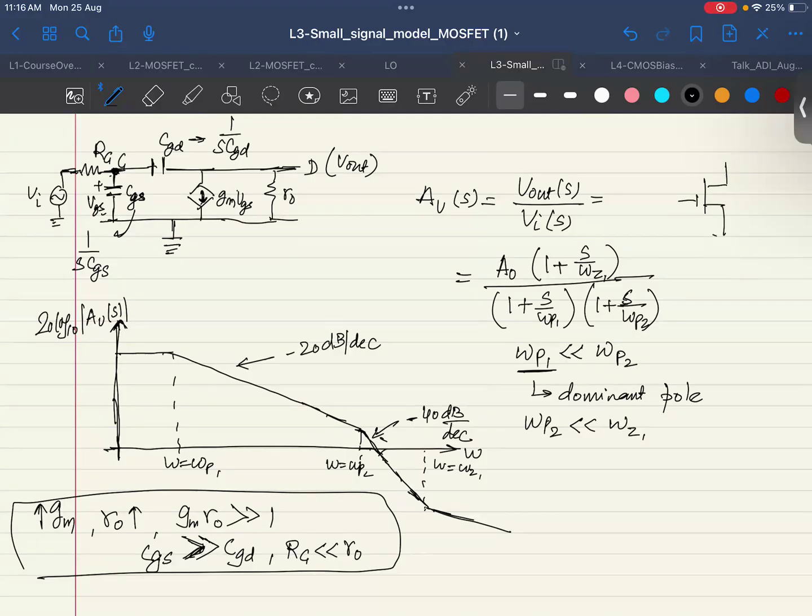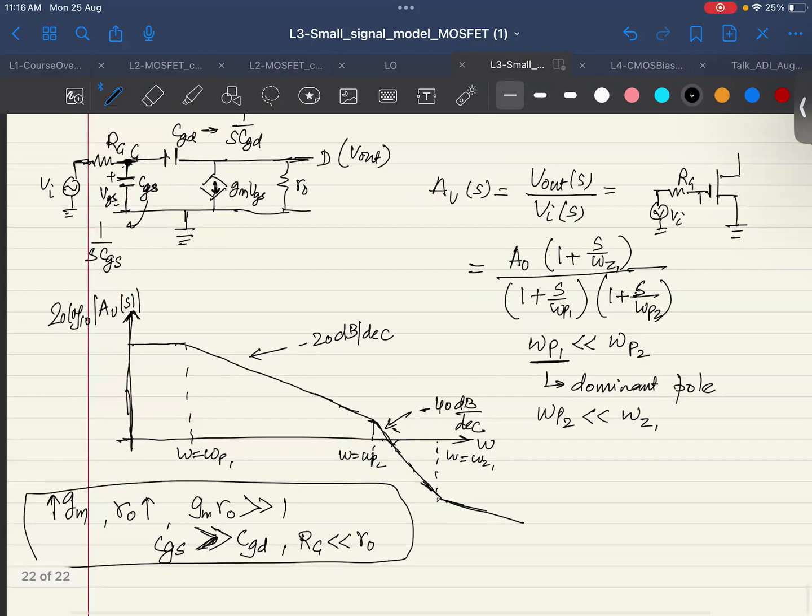So if we were to make a circuit out of this, there's an RG, which is obviously coming from the gate, and till now we were just ignoring it because there was very small current here. Now we do have a capacitance coming into the picture between source and gate, right?